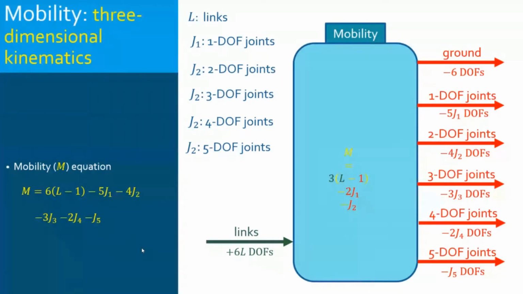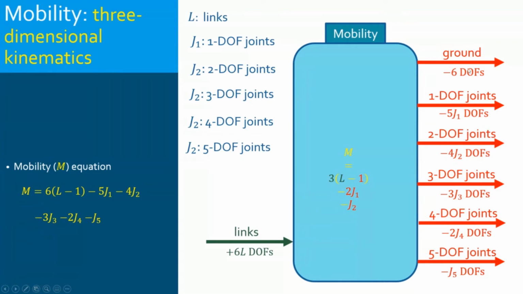We start with what the links have available. This one is not modified, so it is for planar mechanisms. We need to focus on the one at the left here. What we have saved are 6 degrees of freedom per link, so in all we have 6L degrees of freedom.